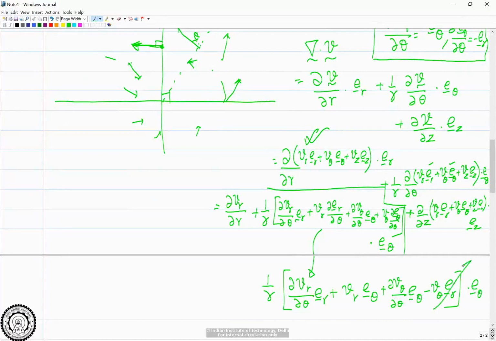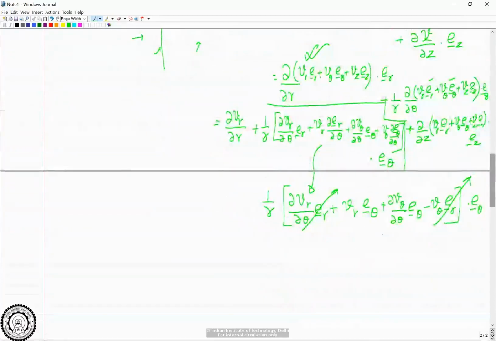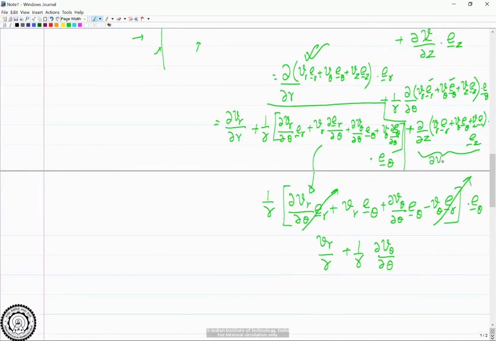So when you dot, this one goes away and this one also goes away. So what you have finally is, from here you get just vr by r, and the next one is 1 by r del v theta by del theta. Okay, and finally from the z derivative, you will only have del vz by del z.